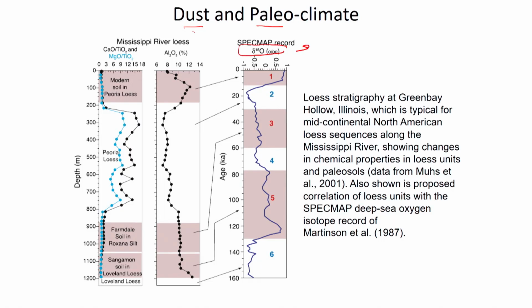Just to give you an idea, delta 18O is a very good proxy for warmer or cooler climate. So usually you see here, if the delta 18O is positive, if this is positive, this means a cooler climate, not warming actually.